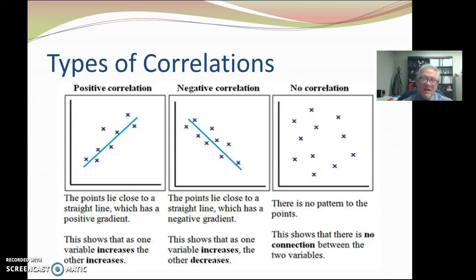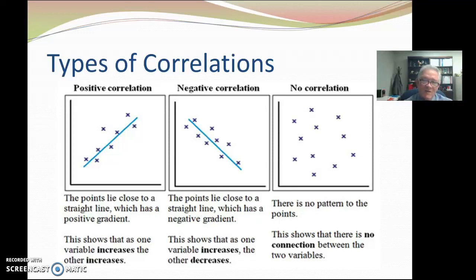But it does allow prediction that if a person exercises more, we can predict that they're going to lose weight. Another negative correlation: the number of cigarettes a person smokes and the number of years that they live. The more cigarettes they smoke, the fewer years they're going to live. That is a negative relationship between those two variables.